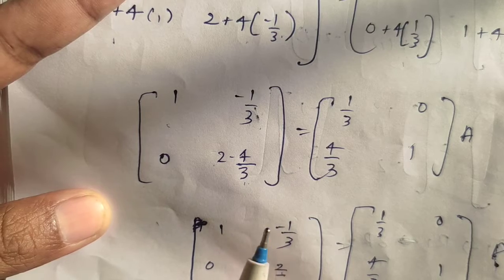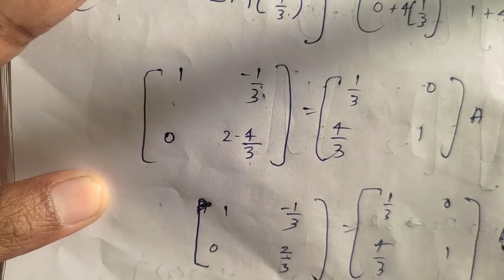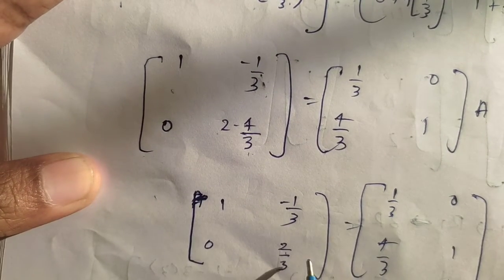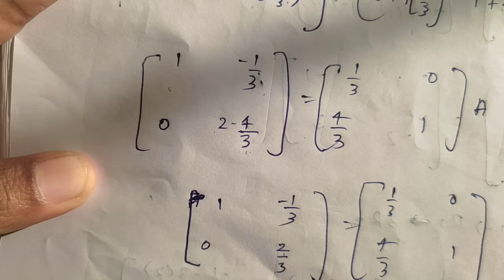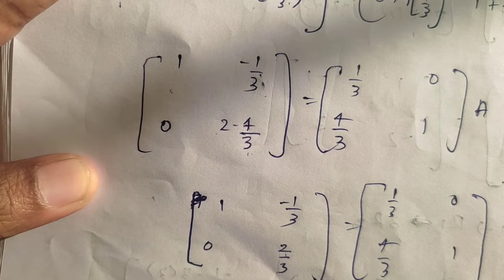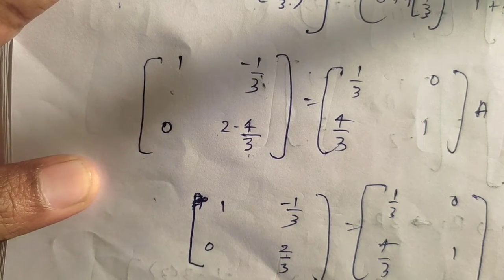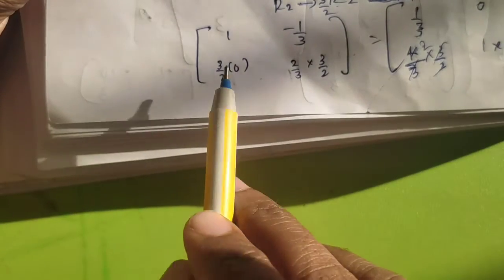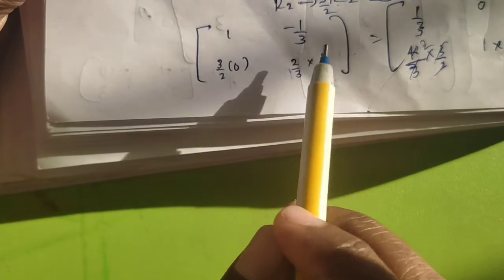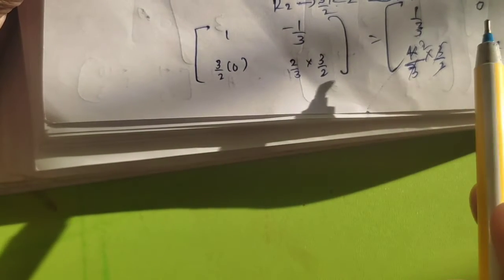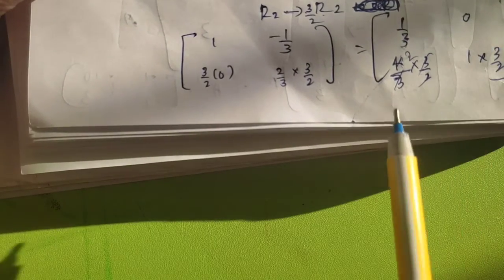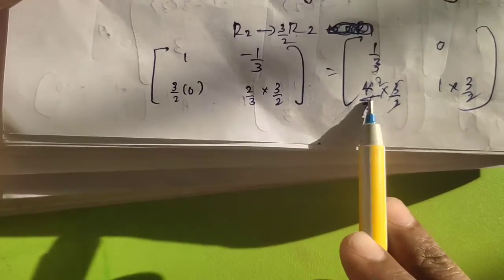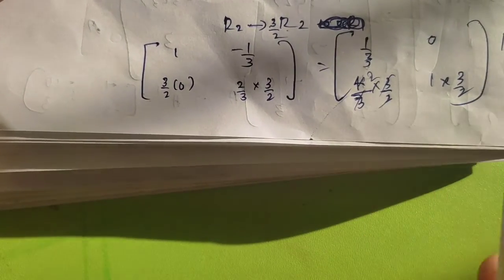Our next step is we should make this element 1. What we shall do to make this element 1? I'll just multiply by 3 by 2. R2 is multiplied by 3 by 2. If I do so, what happens? 1 minus 1 by 3, 3 by 2 into 0. 2 by 3 into 3 by 2 is equal to 1. 1 by 3, 0. 4 by 3 into 3 by 2, 1 into 3 by 2.